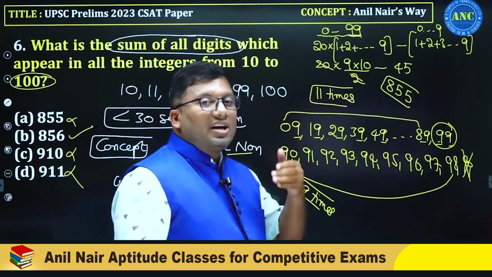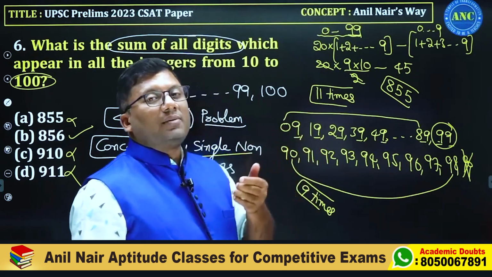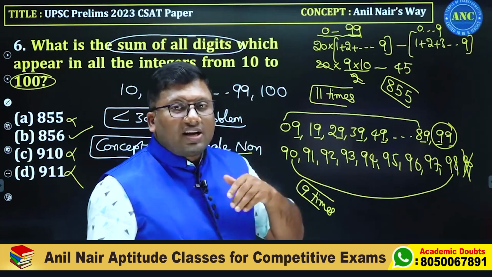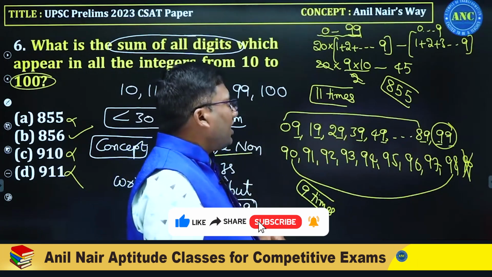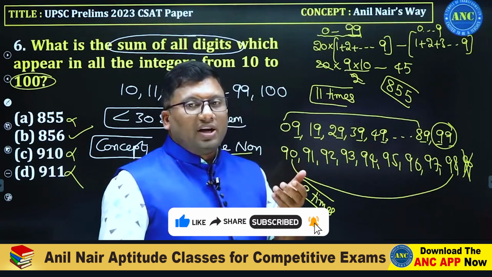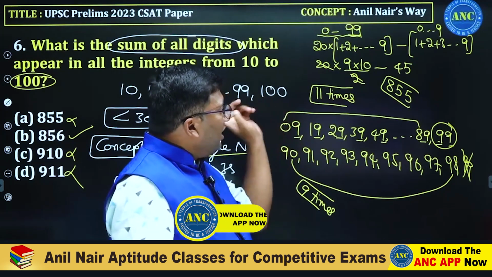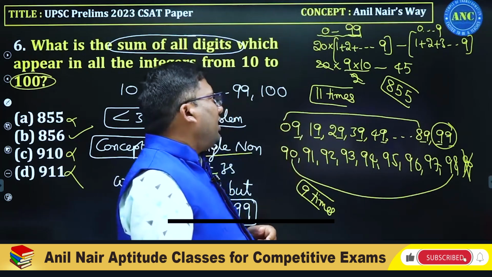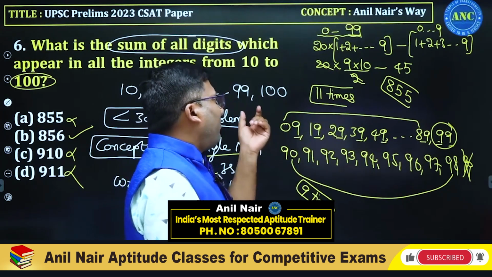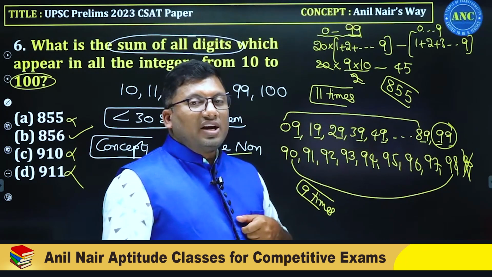So 1 into 20, 2 into 20, up to 9 into 20. 20 common. Minus 0 to 9. We require from 10 to 100. 10 to 99 I am doing, removing 0 to 9: 1 plus 2 plus 3 till 9 is 45. So from 900, if 45 is removed, remaining is 855.